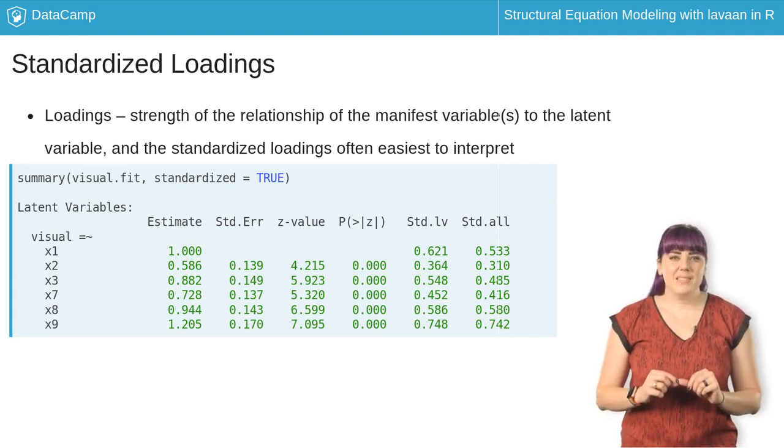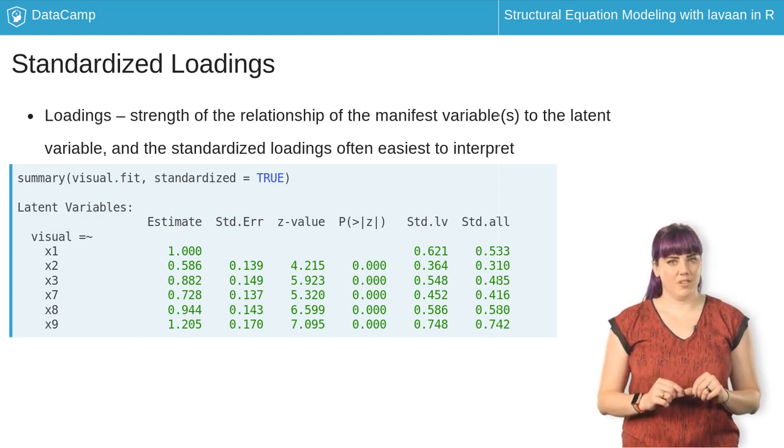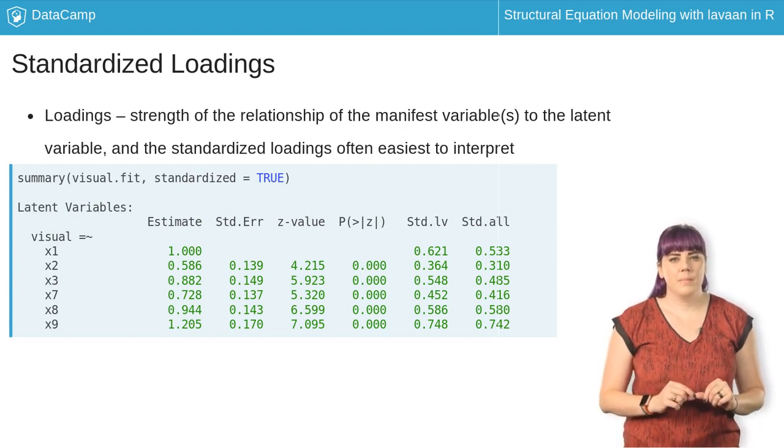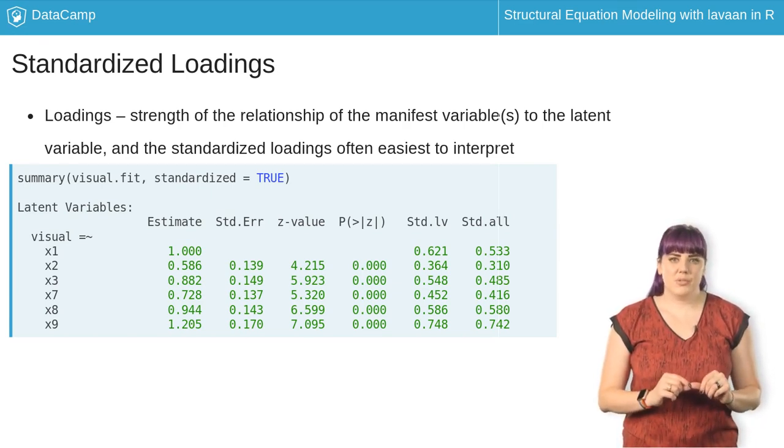Therefore, the completely standardized solution is often used, which uses z-scores of both the latent and manifest variables for easier interpretation. To get the standardized solution, you can include standardized equals true as an argument in the summary function. The completely standardized solution is here on the right under std.all.